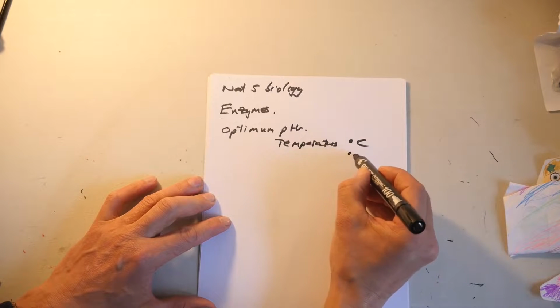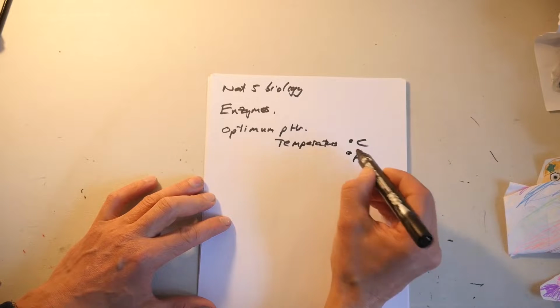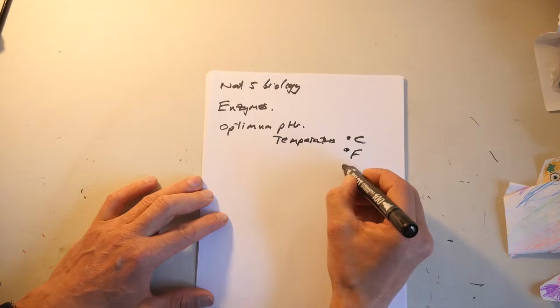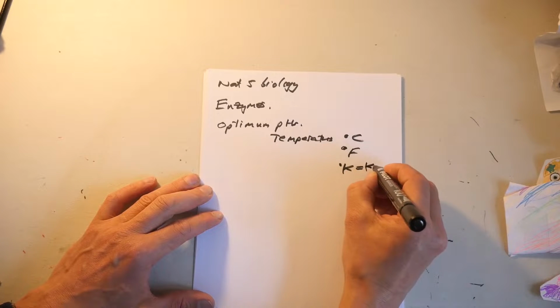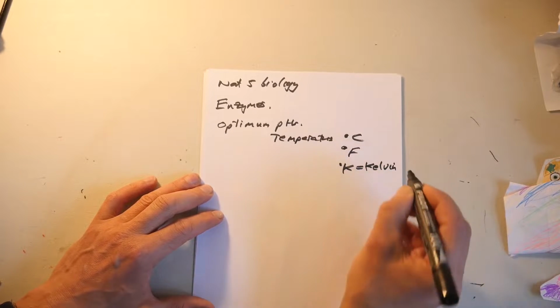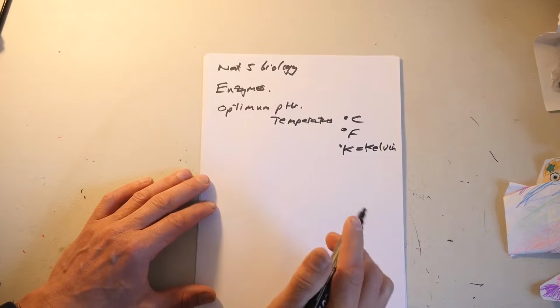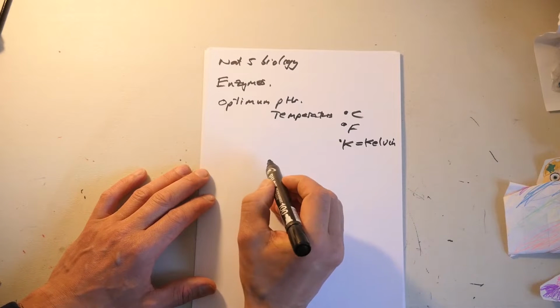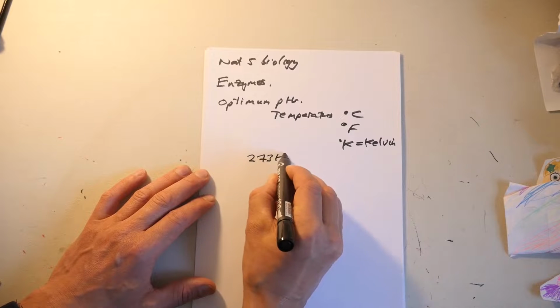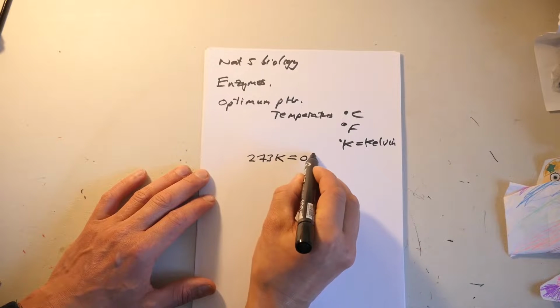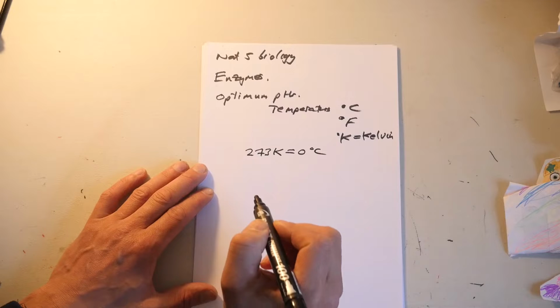You don't usually work in Fahrenheit, and normally Kelvin. Okay, just for reference check, 273 Kelvin equals 0 degrees centigrade, okay?